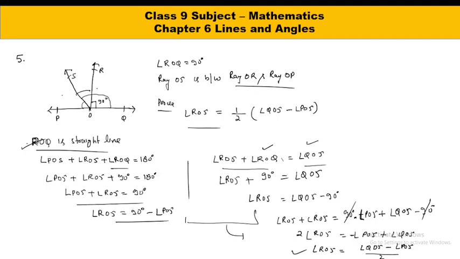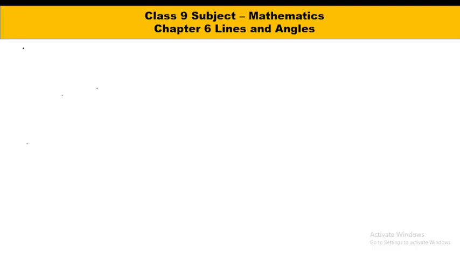Now we can move to our next question, which is the last question for this exercise 6.1. Let us have question number 6. It is given that angle XYZ is 64 degrees, and XY is produced to point P. Draw the figure from the given information.